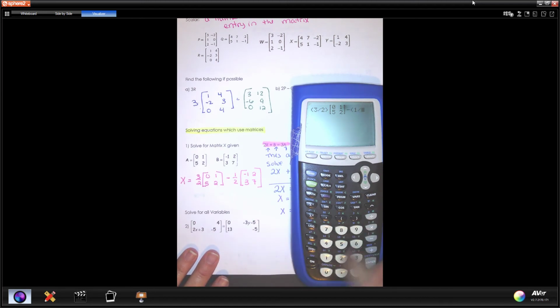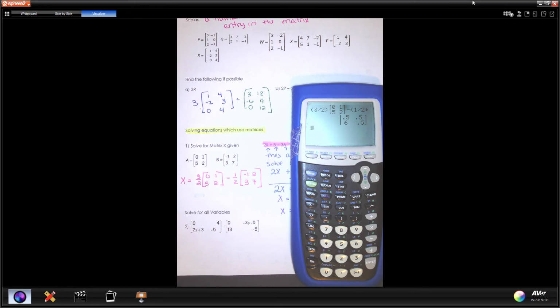So 1 divided by 2, there's our scalar. And then our matrix B, which would be alpha zoom, also a lovely little 2 by 2. And so that would be -1, 2, 3, and 7. And we're going to press enter.